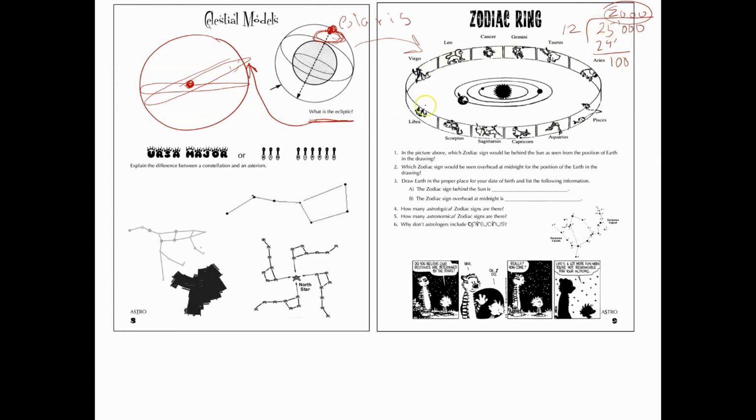Every 2,000 years, the sun is tipped over by one constellation. Now, I don't mean the sun itself is tipped over. I just mean that this zodiac ring is shifted by one constellation every 2,000 years, as the Earth has that circle of precession, with the axis completing a full circle.